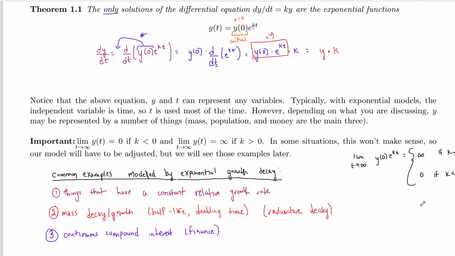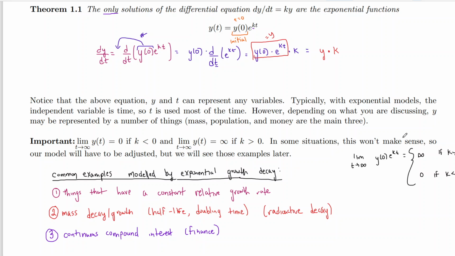Now, why is that important? That's important because if you think about t being time, saying the limit as t goes to infinity means time is going forever. So if you had the setup of a problem and something was going on forever, if k was positive, then let's say it's money.